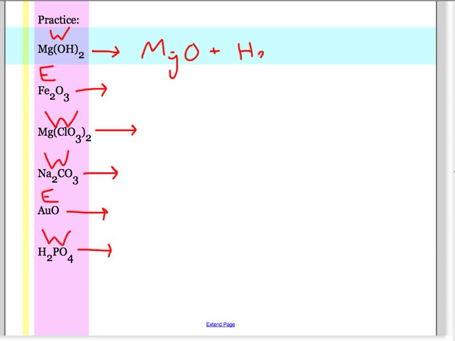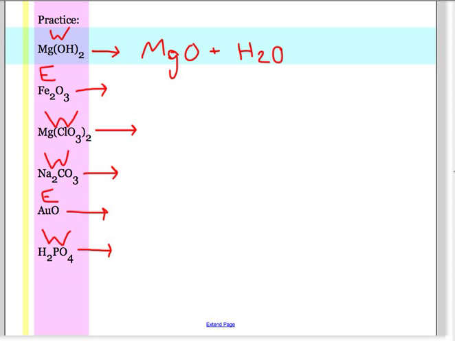Now, check your charges. Magnesium is +2, oxygen is -2, so that's okay. Water is correctly written, so that's awesome. We predicted our products. Then you go back through and balance. When you check all your elements, we're already balanced, and you are golden.